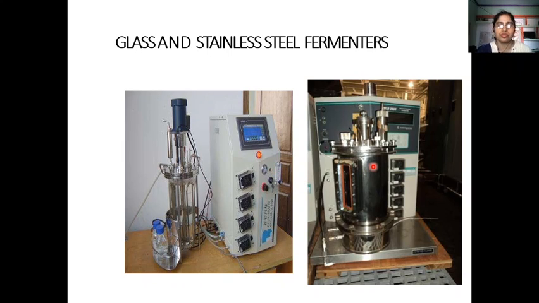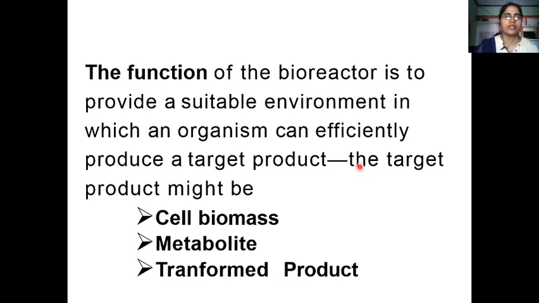So high capacity bioreactors are used in the industry, but the structure is the same. Everything is the same here. Temperature, pressure controller, jacket, all these things are the same. But large bioreactors are used in industry, because we produce a high amount of the product in the industry.